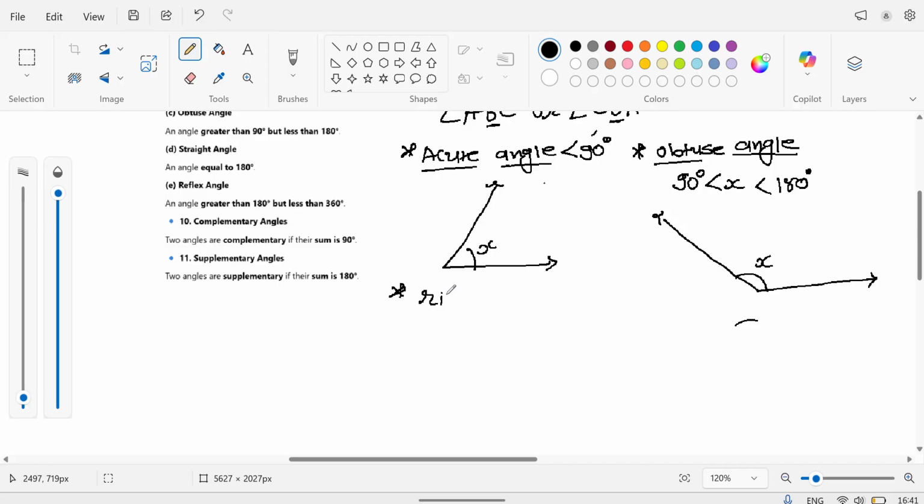Another one is the right angle. The angle which has a measure of exactly 90 degrees is called the right angle.